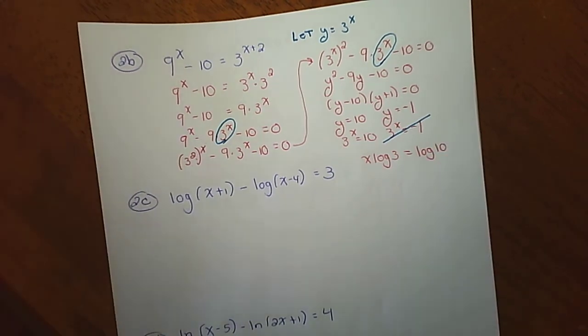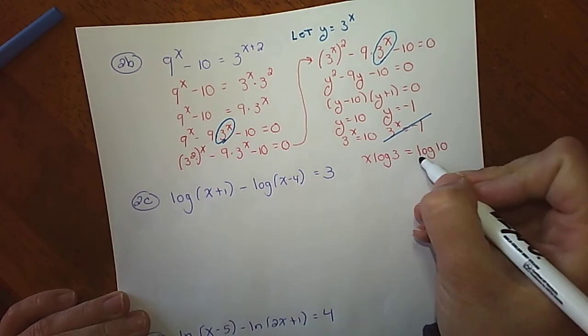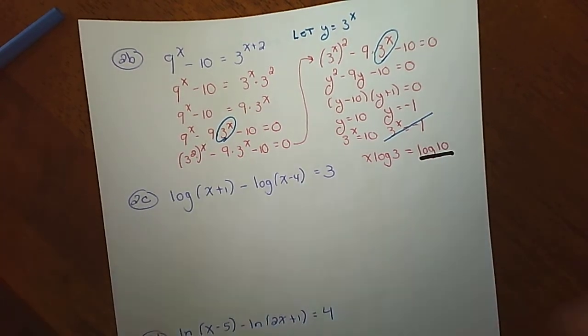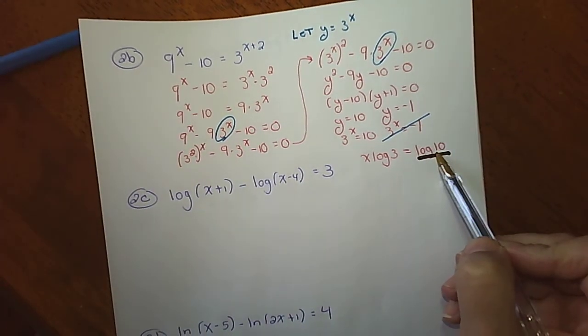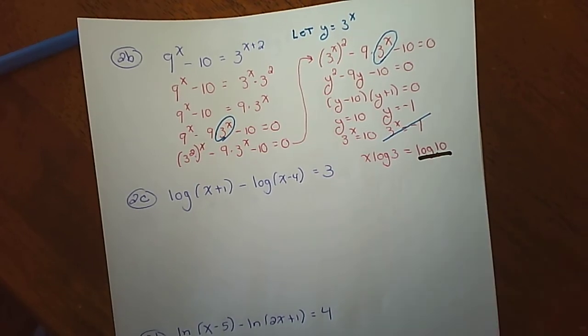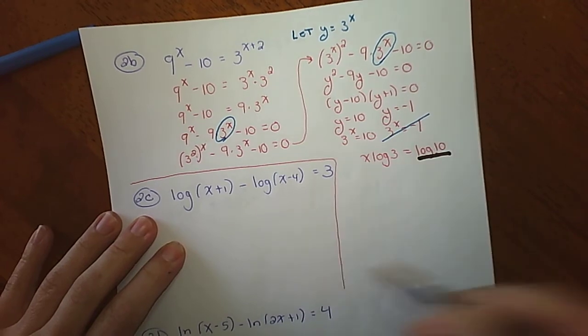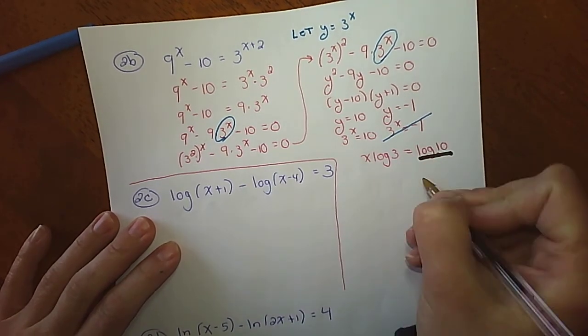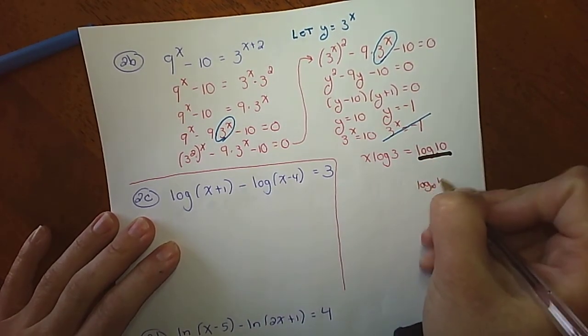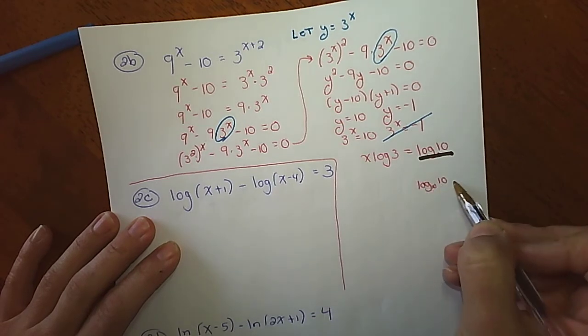Now, log 10. This guy, right? What base does this have? This has a base of 10, right? So I'm going to draw a line here. So this here is log base 10 of 10. What would this become?